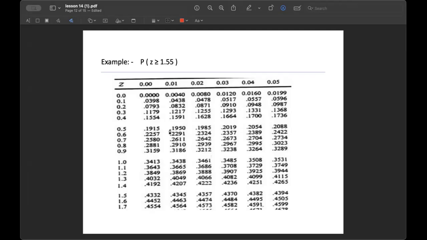This is only for the standard normal distribution table. Standard normal means, as the name itself says, it is already standard. It's not changed with the mu or the sigma.